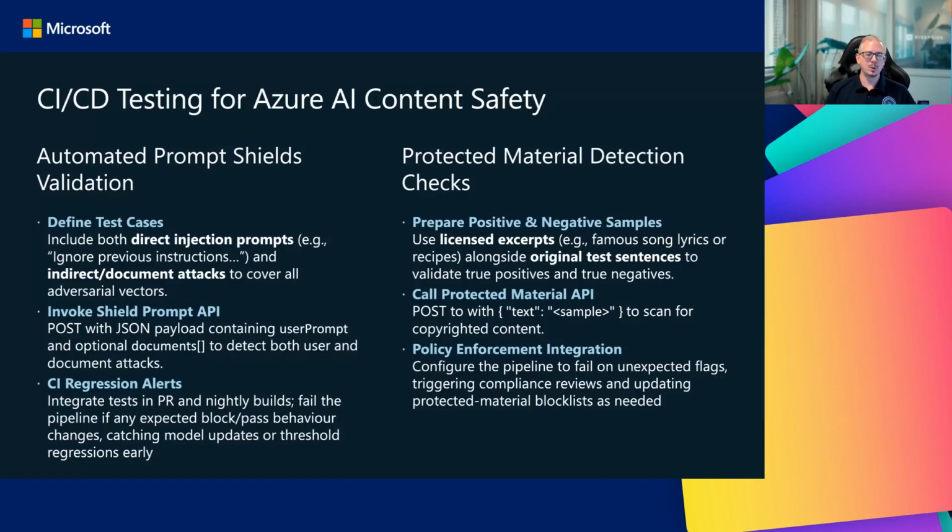So in the same way that we would do that with Prompt Shield validation, we can have pipelines for protected material checks as well.